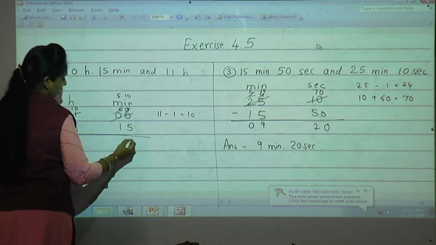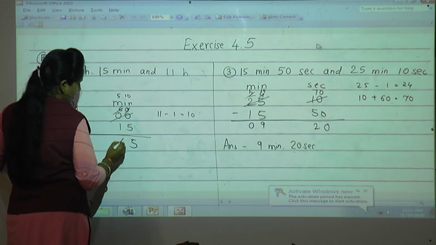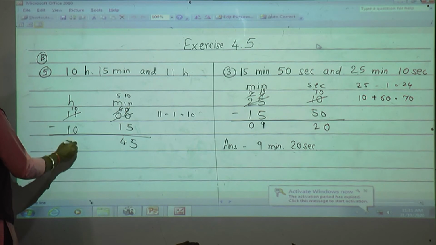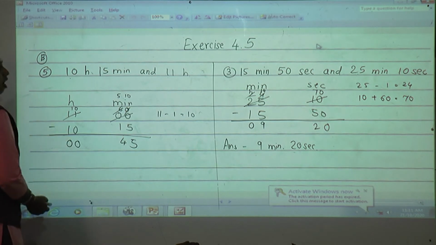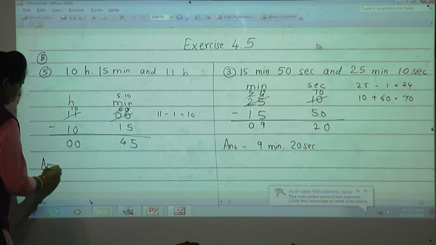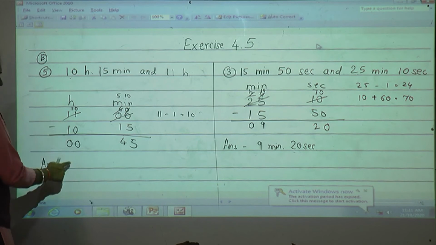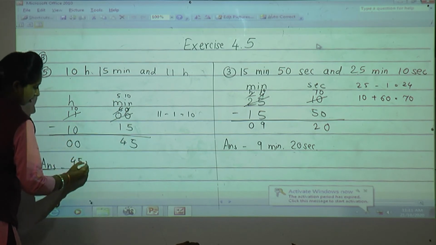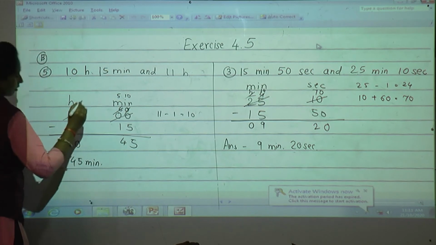Now 10 minus 5 is 5. 5 minus 1 is 4. Now here 0 minus 0 is 0, 1 minus 1 is 0. So how much do we have remaining? What is the difference? 0 hours, no need to write, only 45 minutes. Clear?